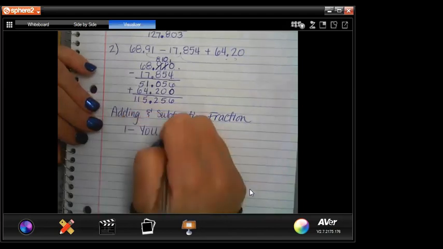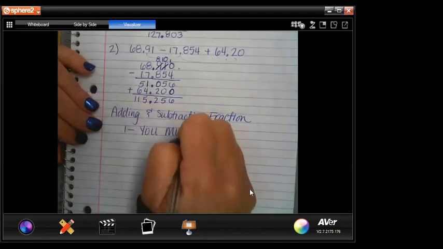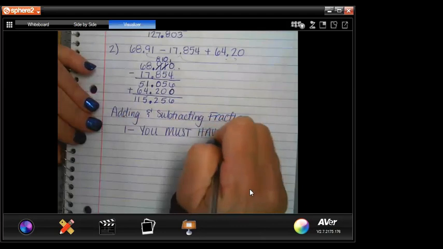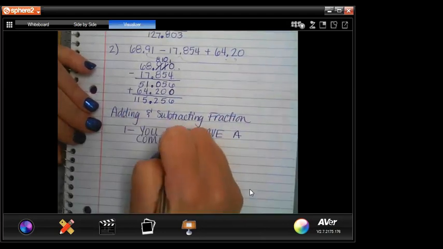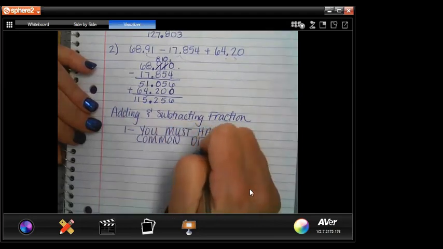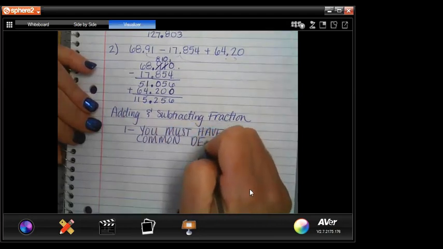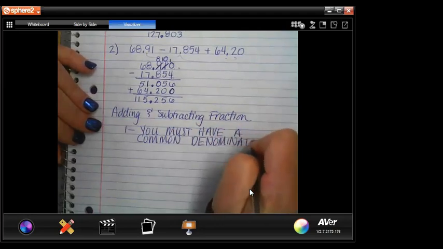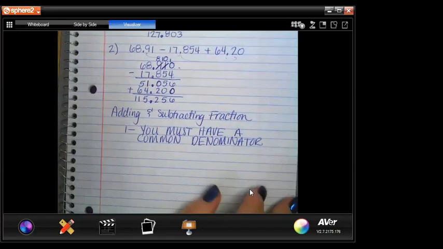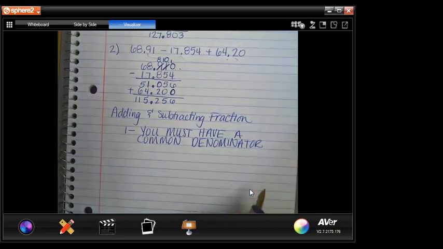You must have a common denominator. You must have a common denominator. Okay, you have to. So if you don't have a common denominator, it is your job to get one.